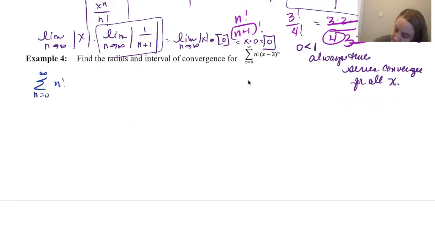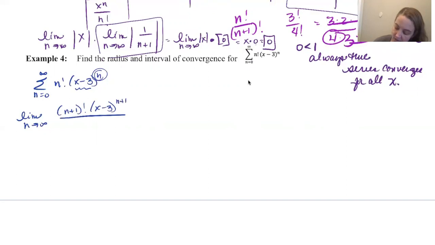I'm going to rewrite the problem. What can you tell about this? It's a power series because here's your power. It's centered at 3 because of that x minus 3. So this is the limit as n approaches infinity of n plus 1 factorial x minus 3 to the n plus 1 over n factorial x minus 3 to the n.